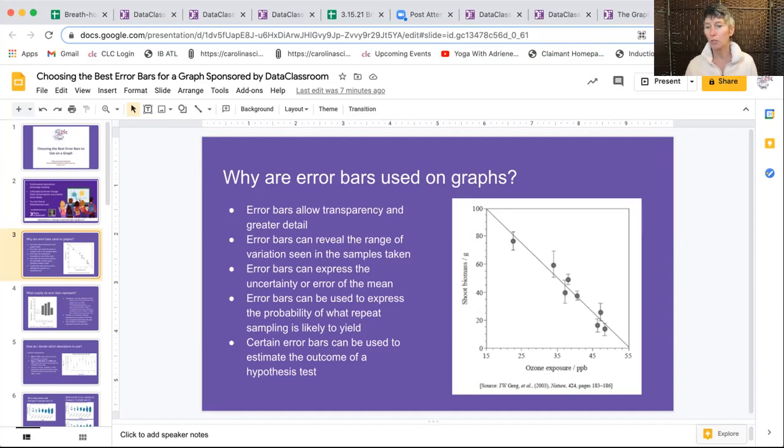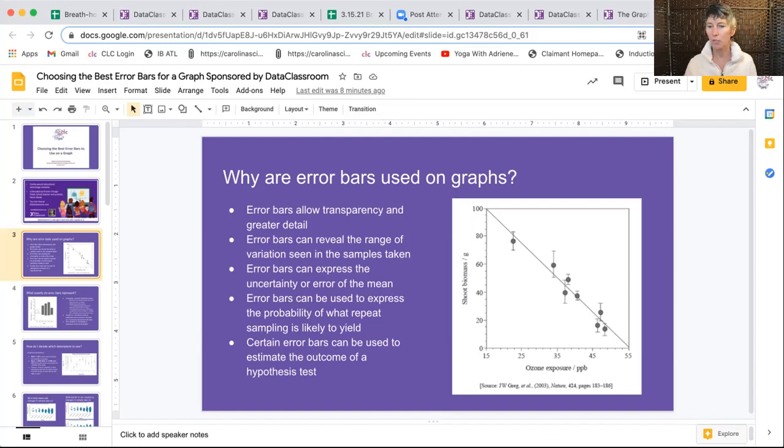The error bars can also be used to reveal the probability of error for the mean or any other descriptive statistic that is used to describe a sample group or an experimental conclusion. So when we're revealing that information to our reader readily in our graphs, it allows the reader to understand better what's happening and what's the probability of error or uncertainty for everything that is shown on a graph.